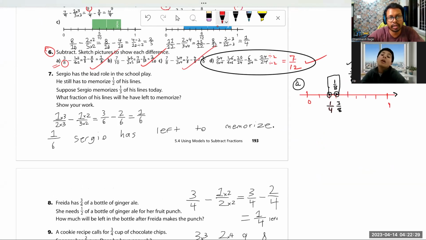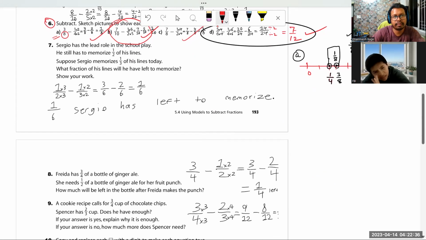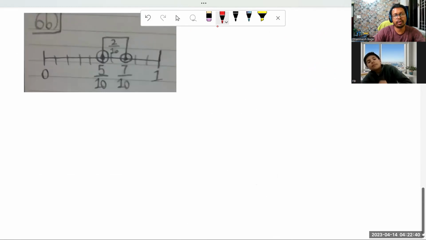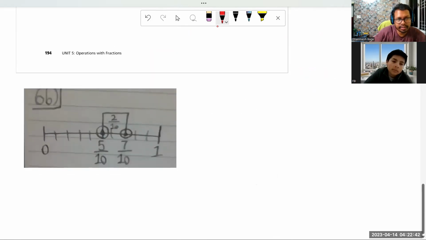See, this is what I was talking about. That's why the question is 7/10 minus half, right? You are plotting which numbers? 7/10 minus 1 over 2. So you will plot these things, right?